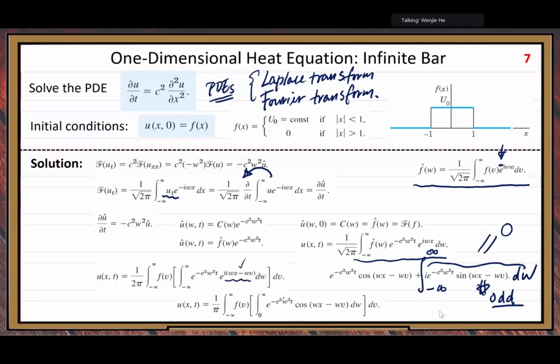Here I just want to do a little more discussion. Suppose you have this function as your solution. It is a function of two variables, the x variable and the t variable. How do you produce the data for this function? That's the question.